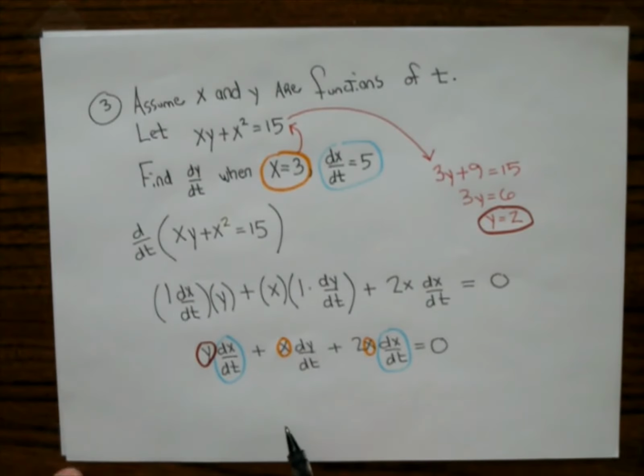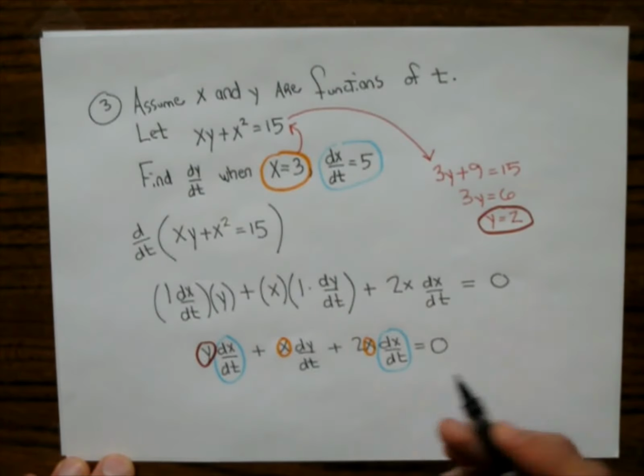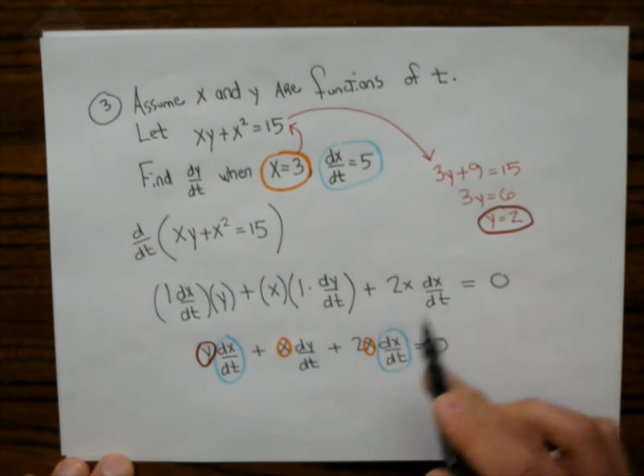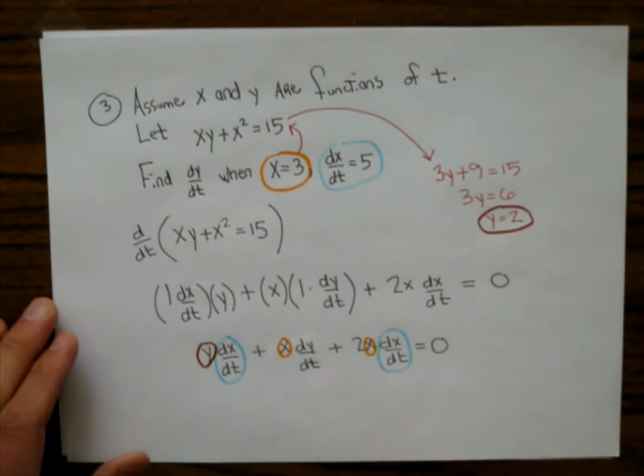Now some teachers would say before you start plugging the values in, solve for the dy dt. You can do it either way. I'm just going to plug those values in where we see the colors.